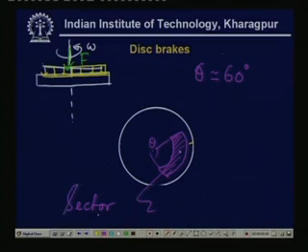Here the analysis is almost the same, that is we have to consider from this point to that point. It is not an axially symmetric problem right now, but we can get the analysis quite easily. This kind of sector type brake is used in automobiles, and the arrangement through which this kind of normal pressure is applied is known as the caliper.